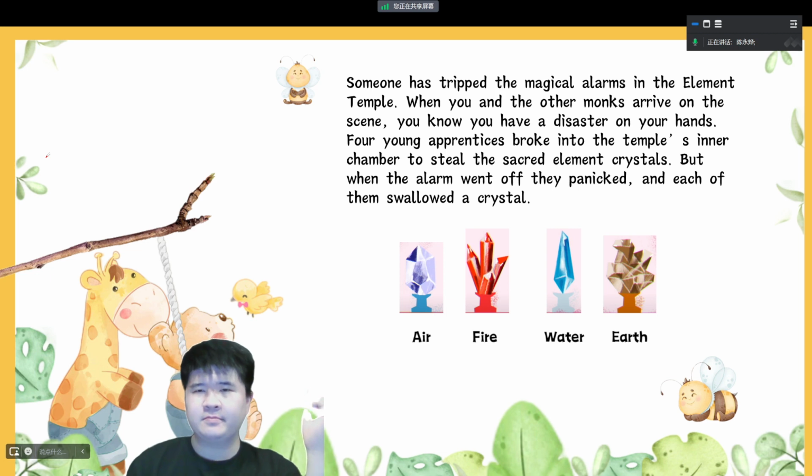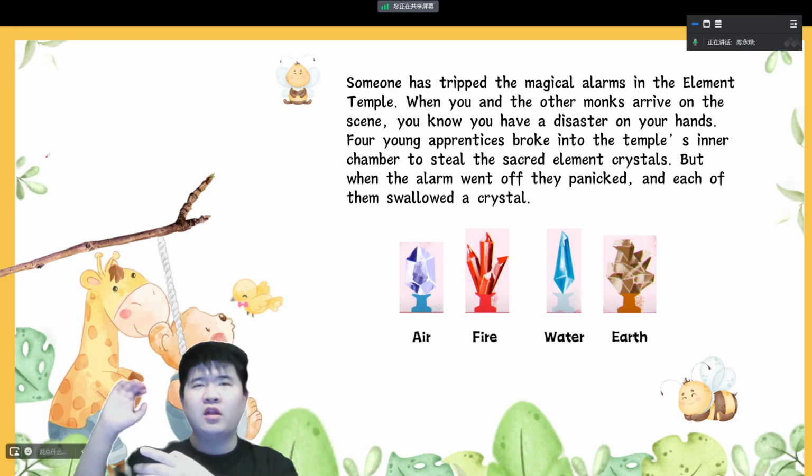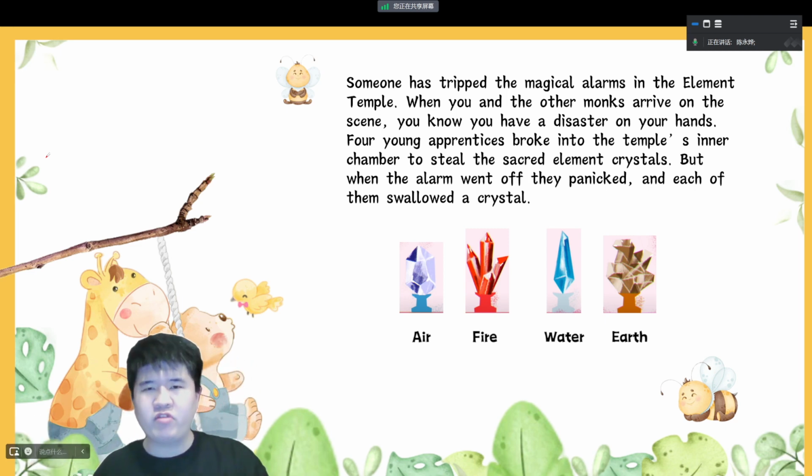But one day, four young apprentices broke into the temple to steal the element crystals. When the alarm went off, they panicked, so each of them swallowed a crystal.